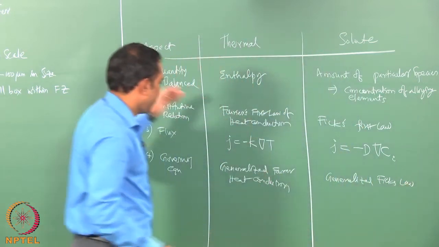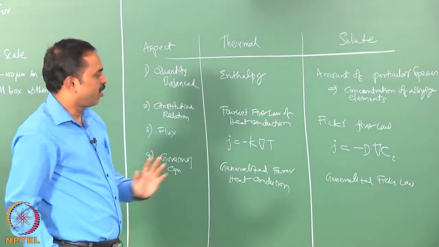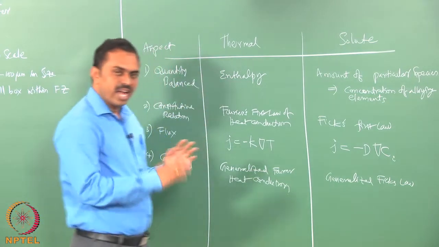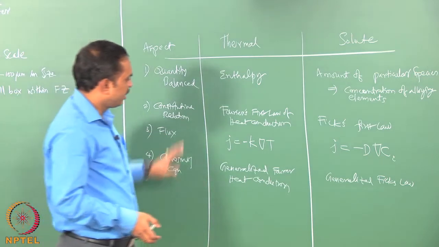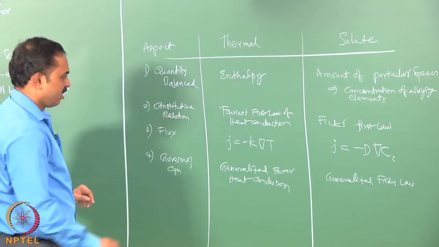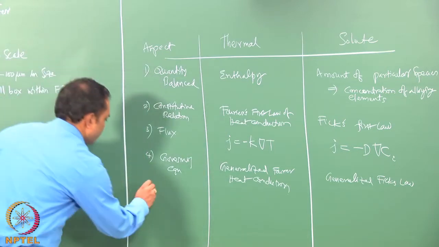So, in other words, there is a one-to-one mapping for both these phenomena, and therefore, if you look up the lesson on thermal modeling and remember the form of the equation, then you could just simply substitute the variables and look at how the equation should look for solute also.